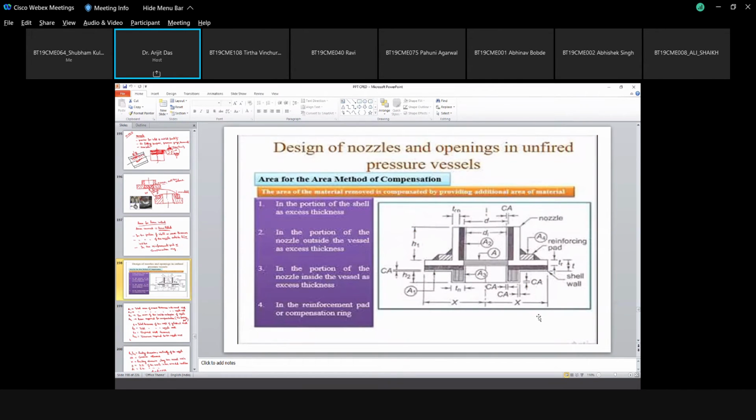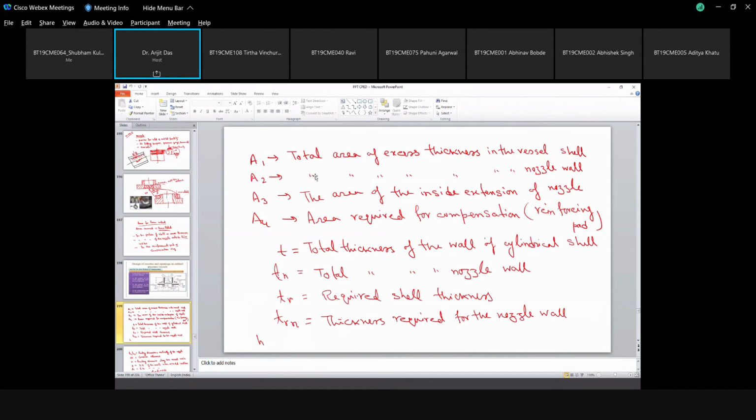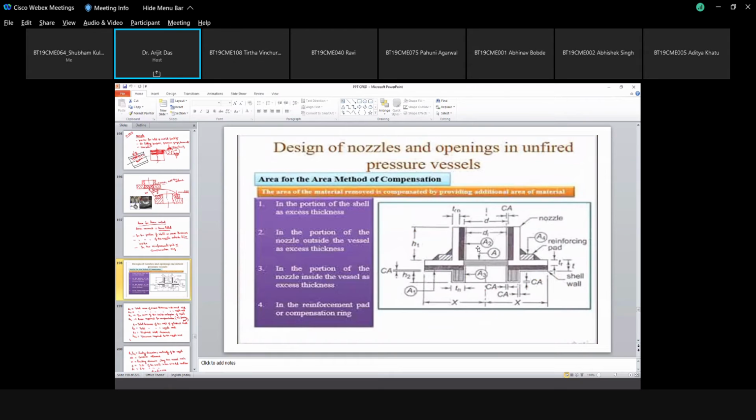A1 is here, horizontally, parallel to the vessel axis. Then what is A2? A2 is the total area of excess thickness in the nozzle wall, vertically, here and here, both sides. It is circular.